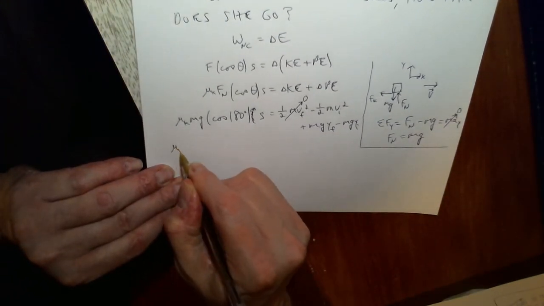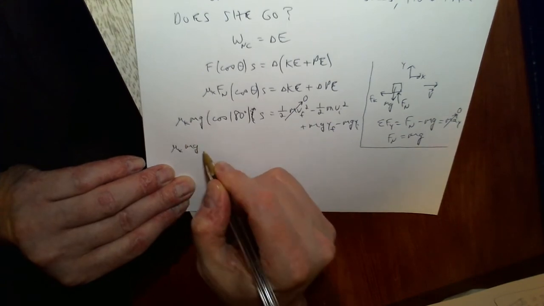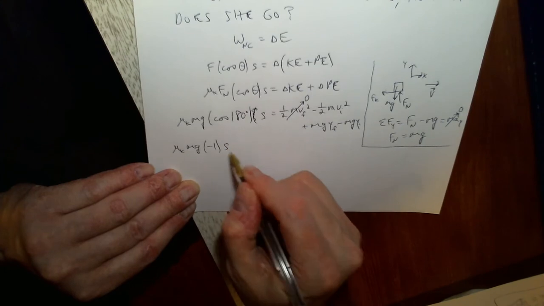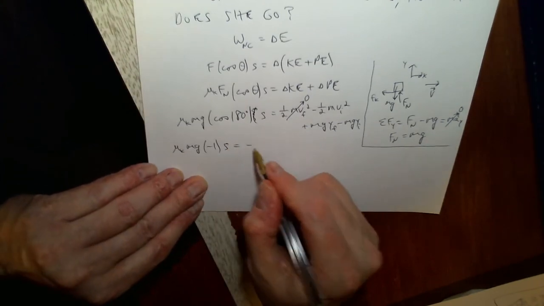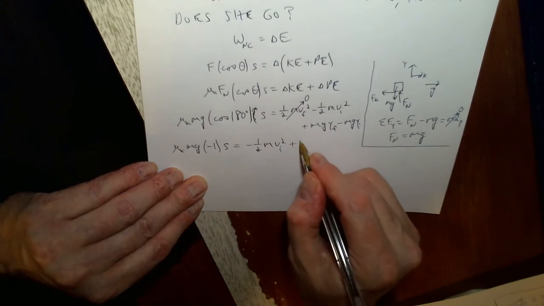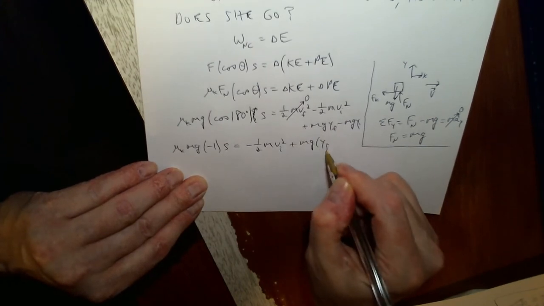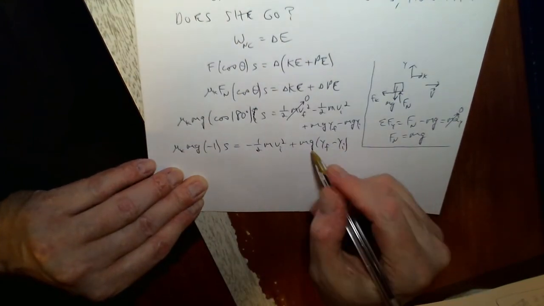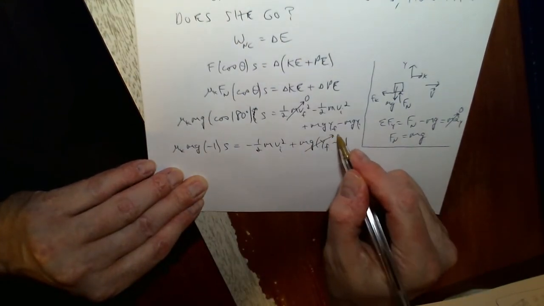So mu k mg, cosine 180 is minus 1, times s is equal to minus 1/2 m v initial squared plus mg times y final minus y initial. But y isn't changing, so this whole thing is 0.